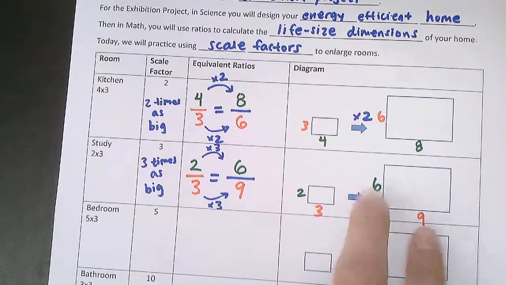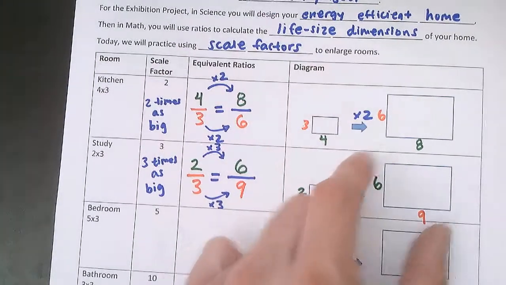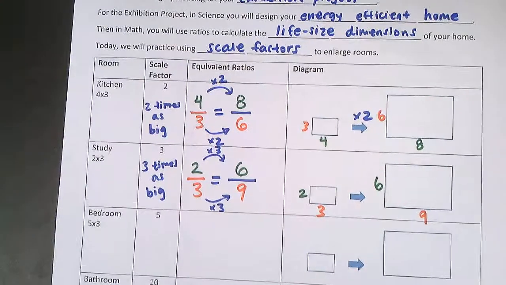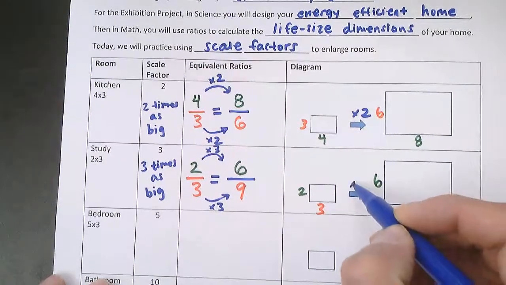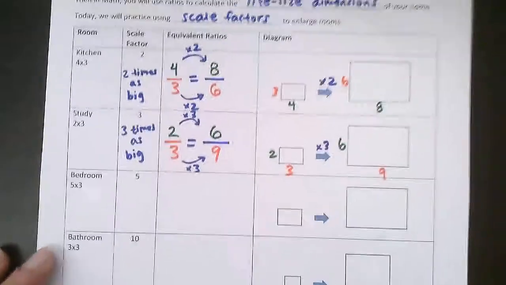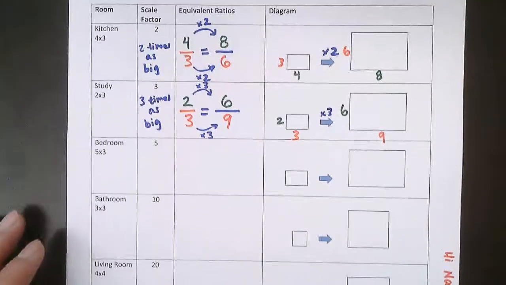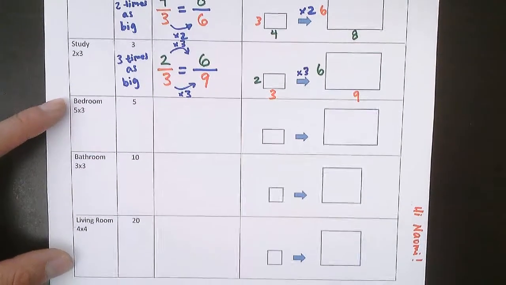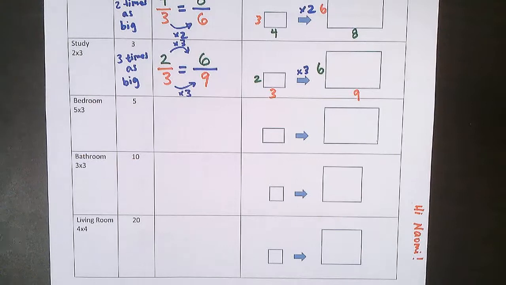So our new room, once we make it larger, is 6 by 9, with a scale factor of times 3. Okay. Now that I've done these two with you, I want you to practice these 3 on your own. And when you're done, you can raise your hand to get your teacher check.